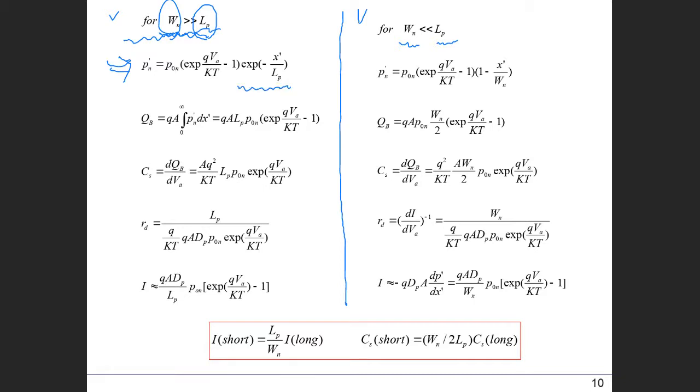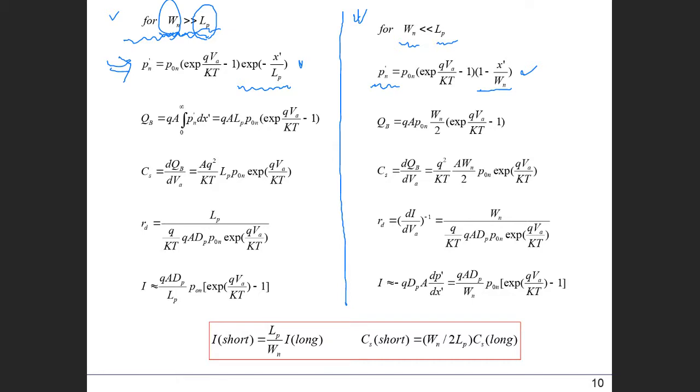And when WN is much smaller than LP, our excess carrier concentration follows this linear decay. So this result we already discussed in the previous class.